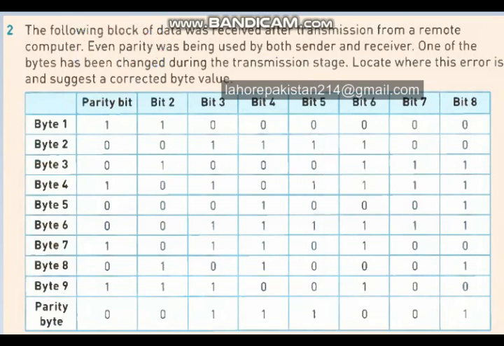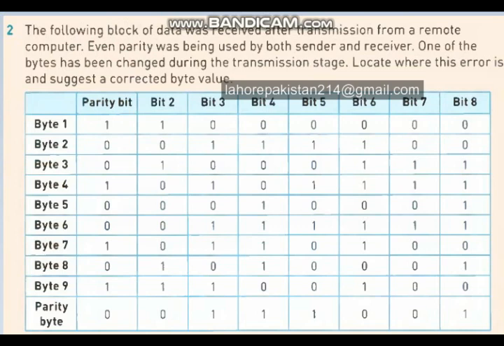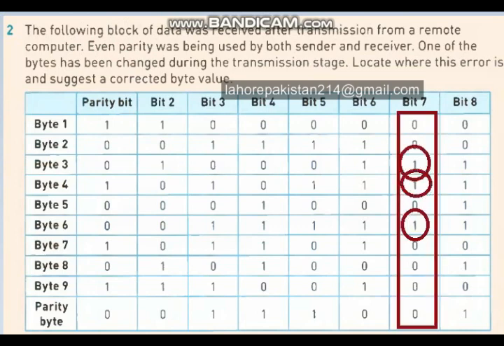Now let's check bit 6, or column 6. 6 is an even number, so there is no mistake in bit 6 also. Now let's check bit 7. 3 is an odd number, so there is an error in bit 7.